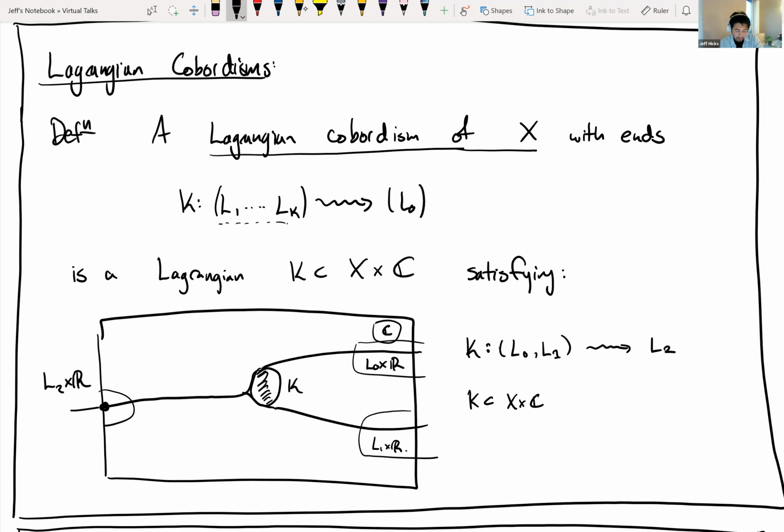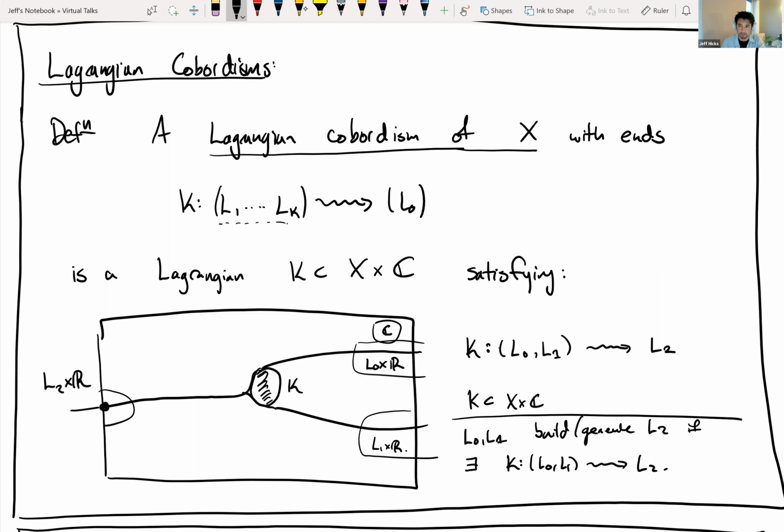So when I say that I can build one Lagrangian out of other Lagrangians, I mean L0 and L1 build or generate L2 if there exists a Lagrangian cobordism from L0 and L1 ending on L2.